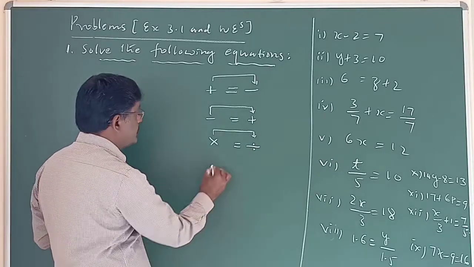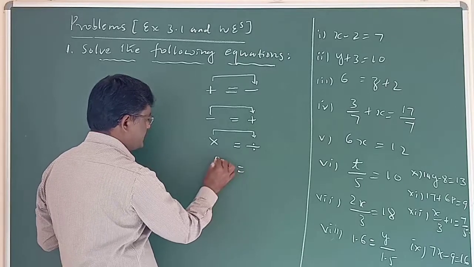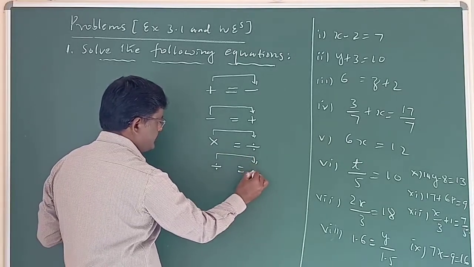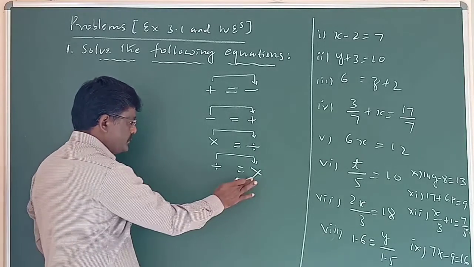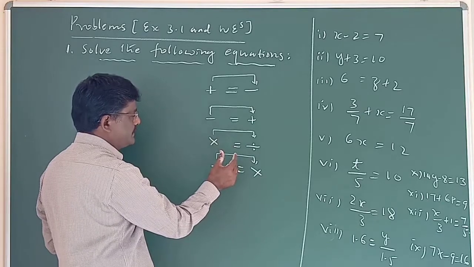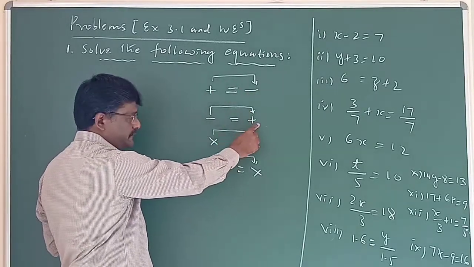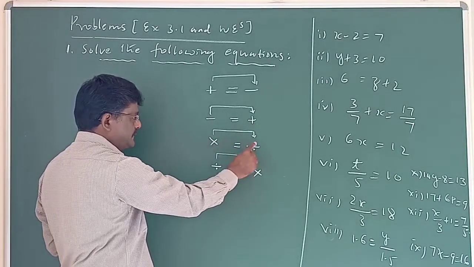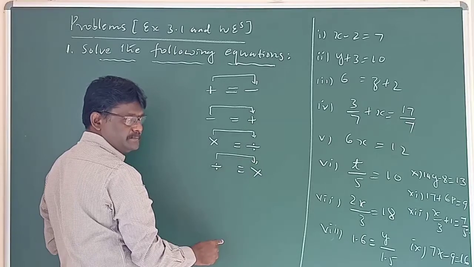If it is division, when shifted it becomes product form. So these are some important conditions while shifting: plus becomes minus, minus becomes plus, multiplication becomes division, and division becomes multiplication.